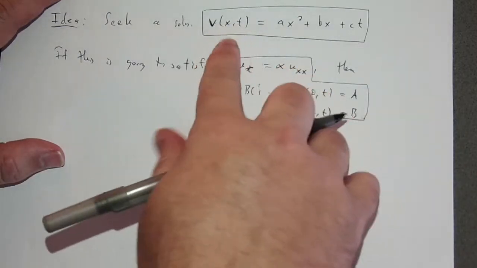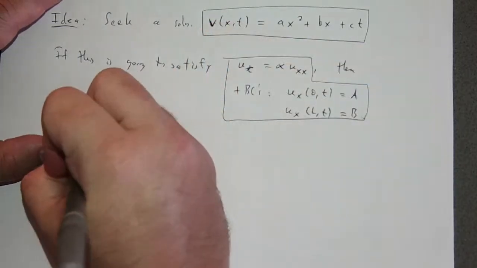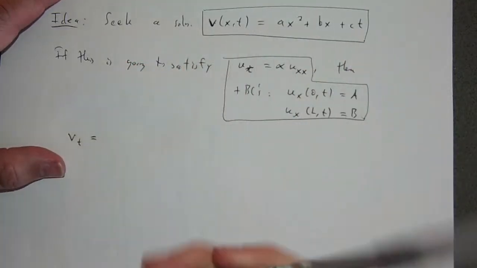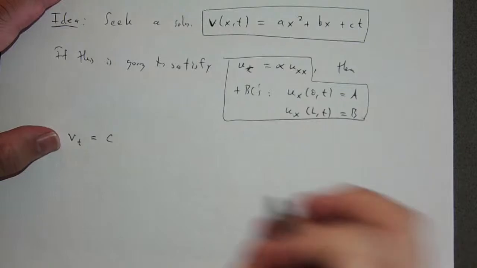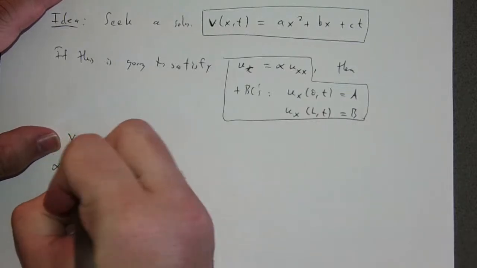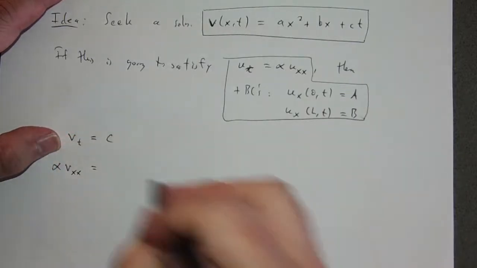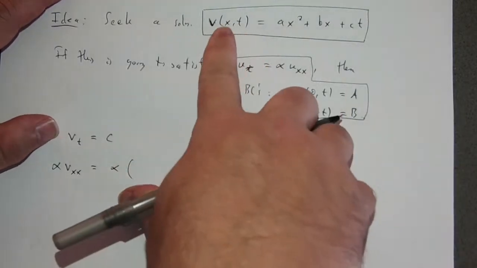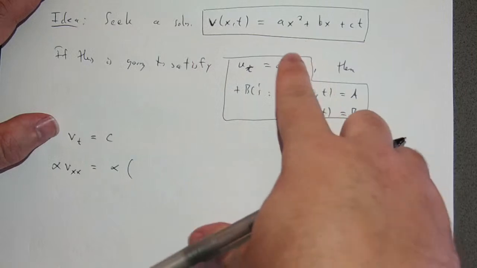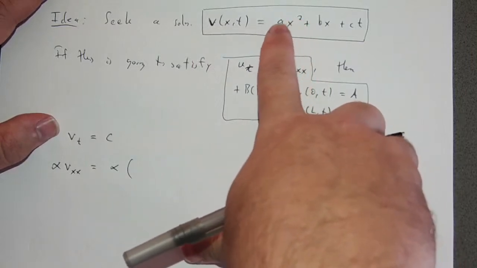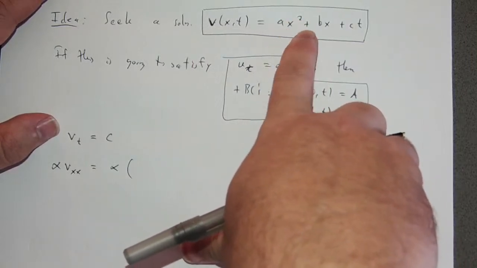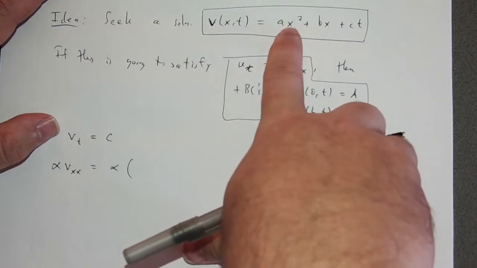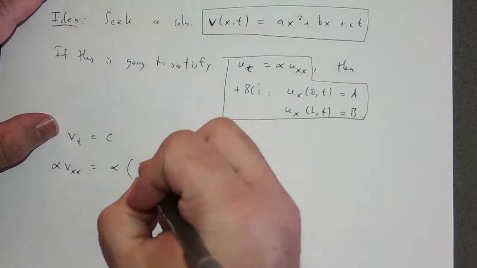Then, first of all, what is v sub t? v sub t is c, and alpha v sub xx is alpha times v sub xx, so v sub x is going to be 2ax plus b. So v sub xx is going to be 2a.